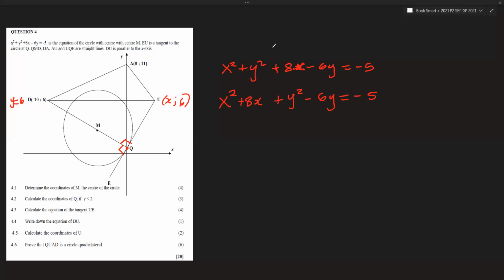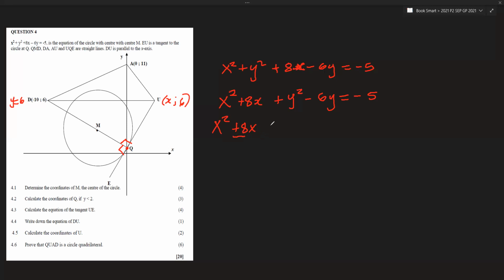Now we're going to complete the square, ladies and gentlemen. We always complete the square to write the circle in standard form. So x squared plus 8x. Now I'll use a different color to emphasize this part. When you complete the square, you take your b, which is +8.